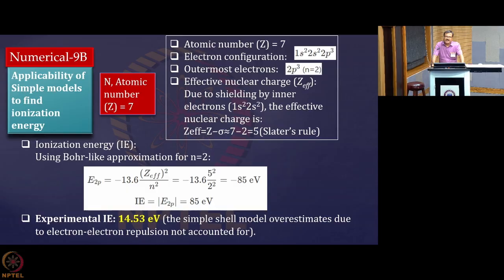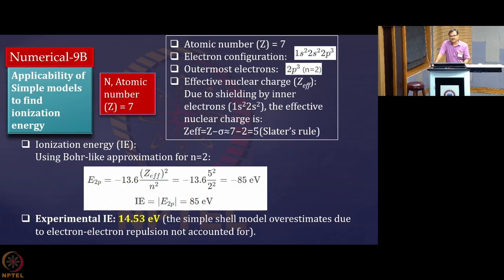So we see that even for nitrogen, this Bohr-like approximation, even with the shielding consideration, is not able to give you the right ionization energy. And what makes us run after this ionization energy?